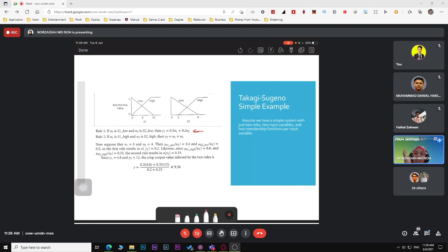So for the output it doesn't need a graph, because it uses a function. So you just take the function. Then rule 2: if U1 is S1 high and U2 is S2 high, then Y2 is U1 plus U2. That is its function.